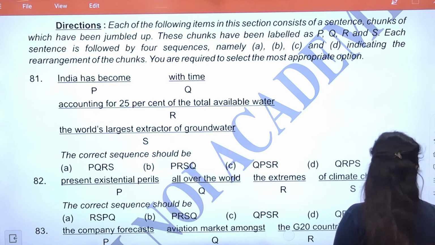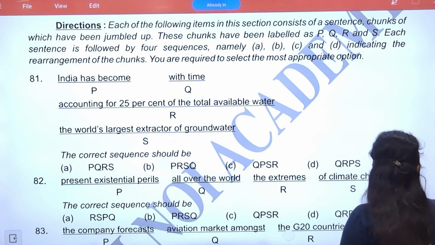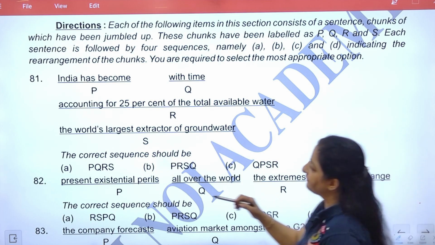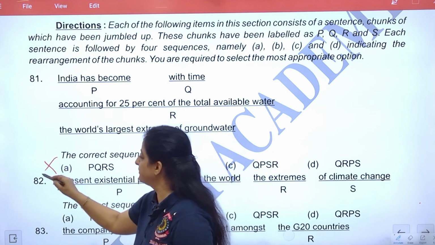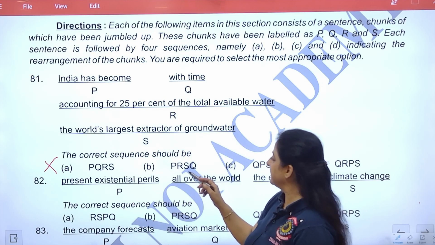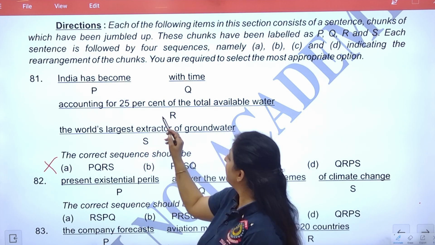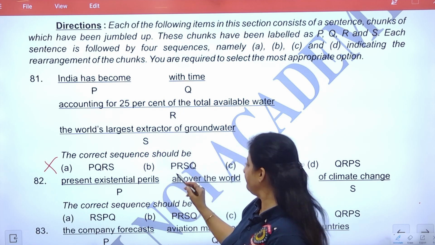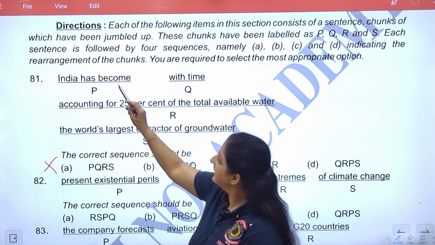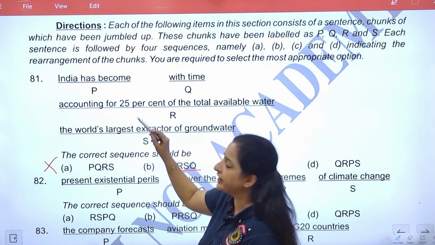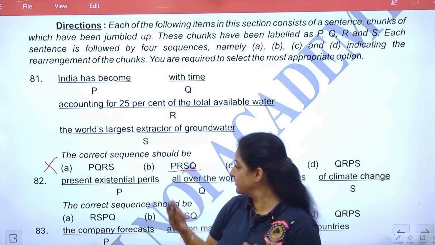We're going to rule this out. How about, let's read this. P, R, S, Q. So we read P, then R, then S, and then Q. India has become accounting for. Again, this did not connect.